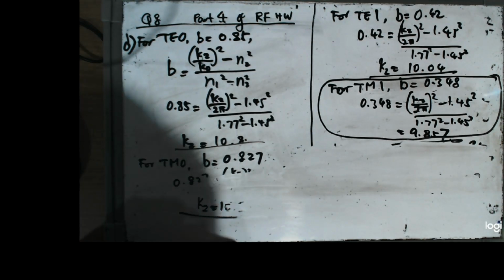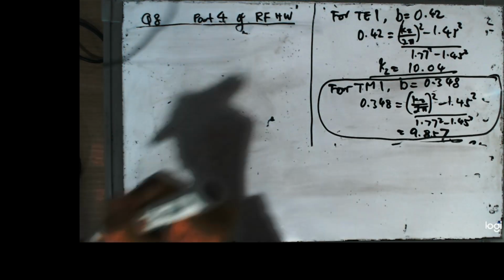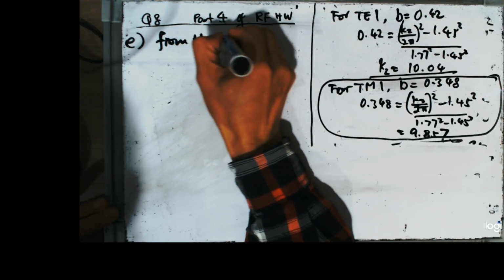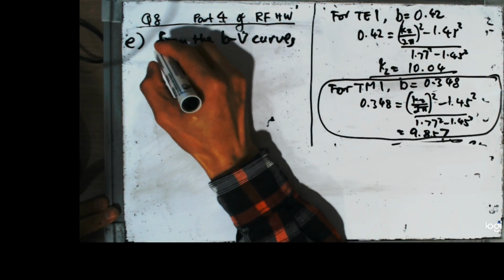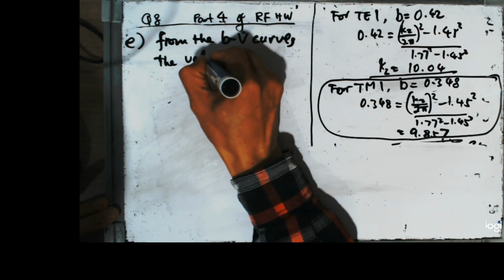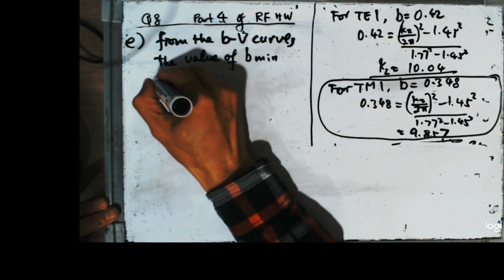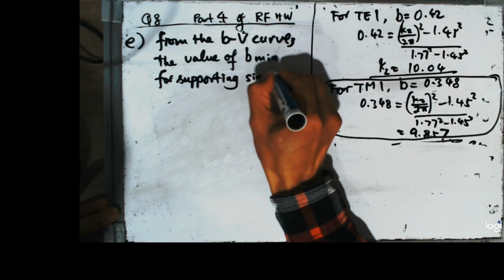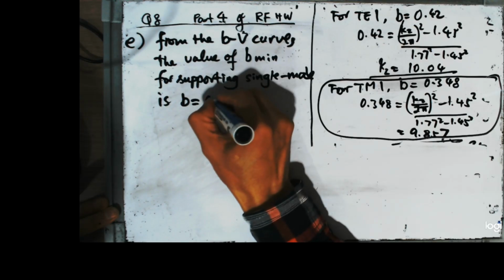So part E, from the BV curve, the value of V minimum for supporting single mode is 4.43.